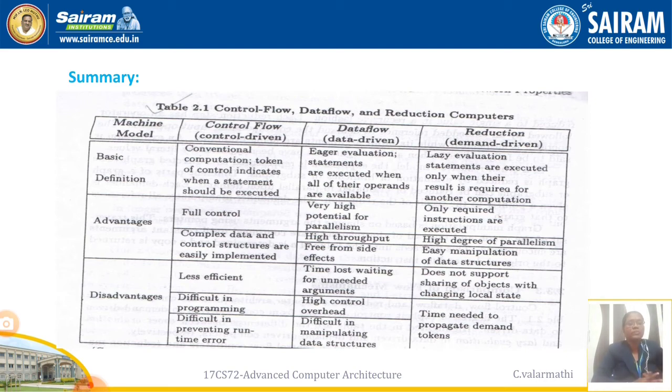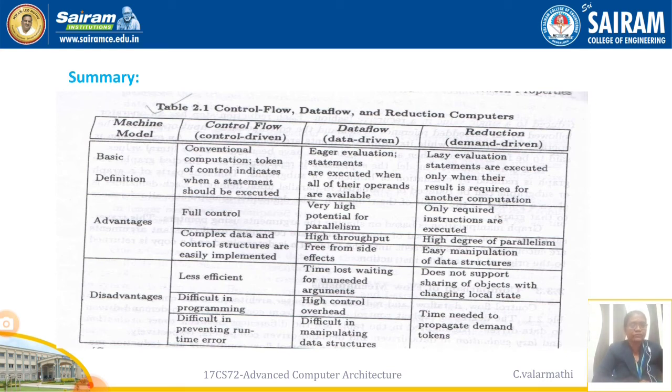Okay, so what may be the advantages? In control flow, we can say it is full control and the most successful model. In data flow, there is very high potential for parallelism, but in demand-driven, only required instructions are executed, when a computation depends on another execution.